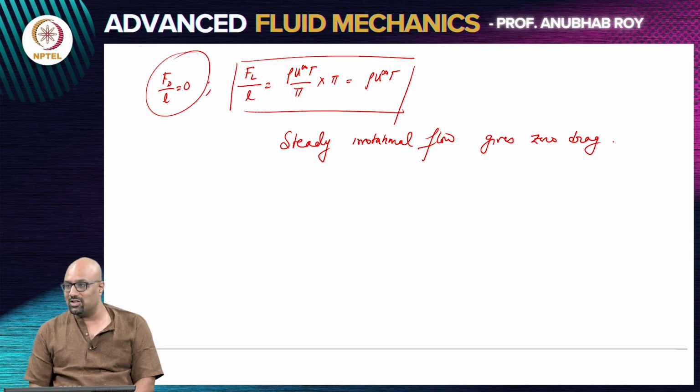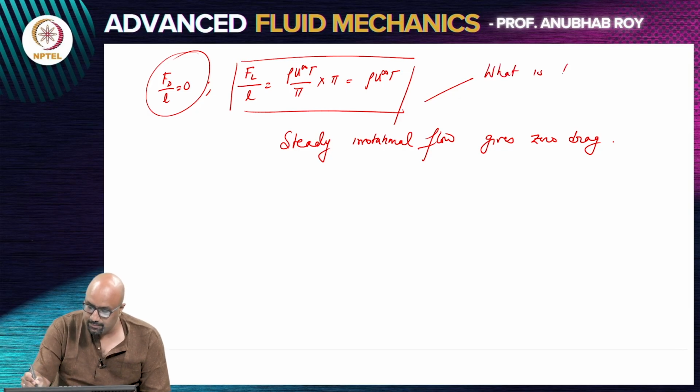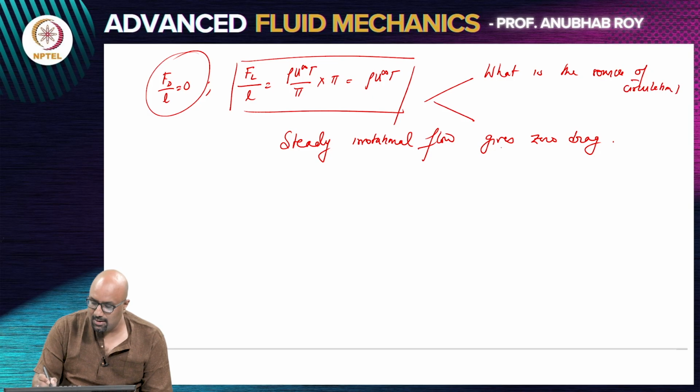It is obviously the calculation can be done exactly for a circular cylinder. For other cases, you can prove that drag is 0 without having to go through a full calculation of velocity field. But the lift depends on the imposed circulation. So, there are a few questions which are still unanswered. What is the source of circulation? And obviously showing that the drag basically is 0 provided we are doing steady irrotational flow.